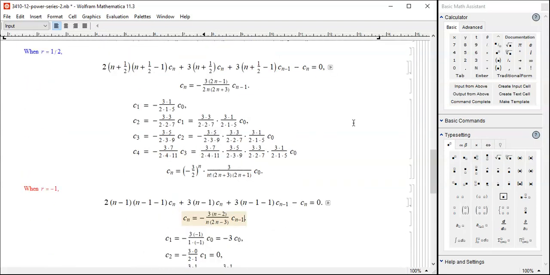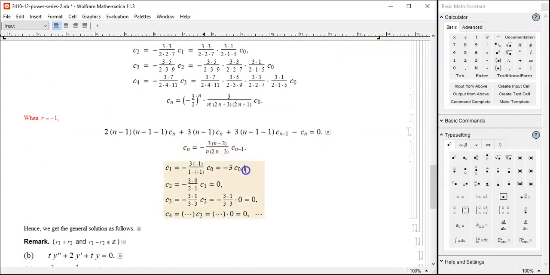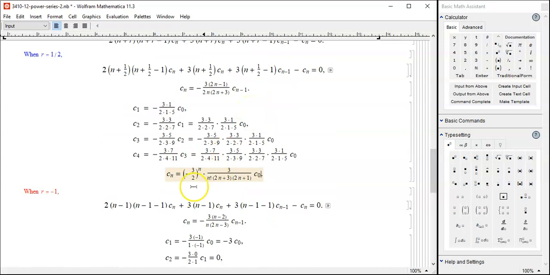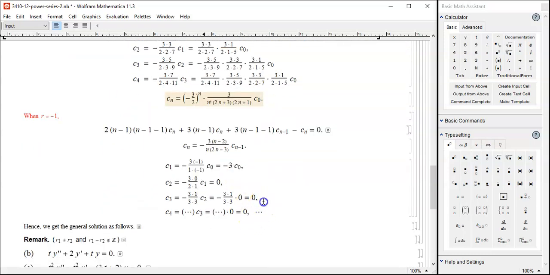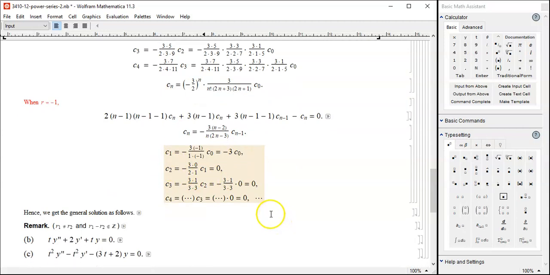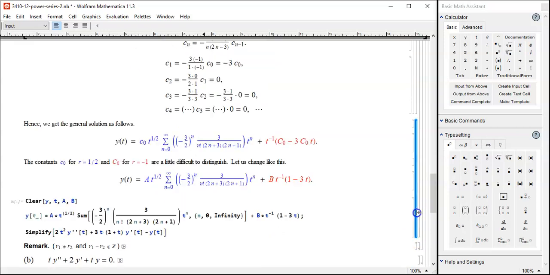But in this case, it is possible to find a pattern, and this pattern wasn't too bad because you're going to end up with 0 and then all 0 later on. So Cn is like this for the r equals 1/2 case, and we have the first 2 numbers and all 0 for the r equals -1 case.